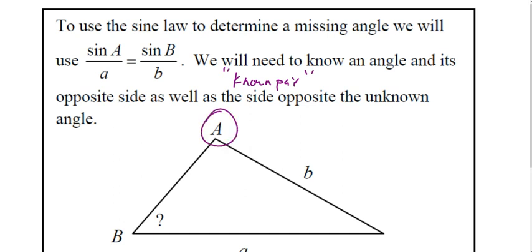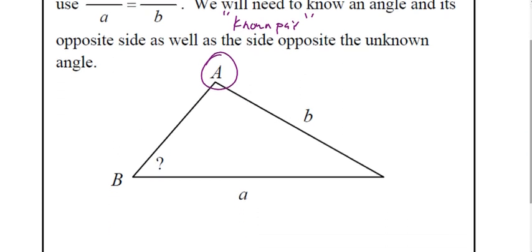You've got a known pair, and then you've got a third thing, right? Every equation, because you're only pairing them up, involves four quantities: two angles, two sides. So you need three of the four quantities in order to solve. Okay. Make sense? So far, so good.